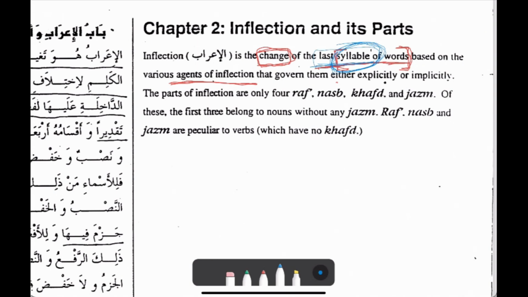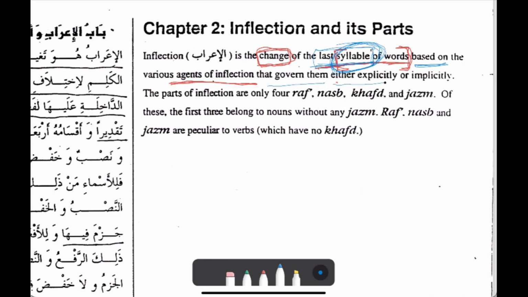So, that's an interesting translation. Based on various agents of inflection, likhtilafi al-awamil, the various agents of inflection, ad-dakhilati alayha, that govern them, lafzan aw taqdira, either explicitly or implicitly.